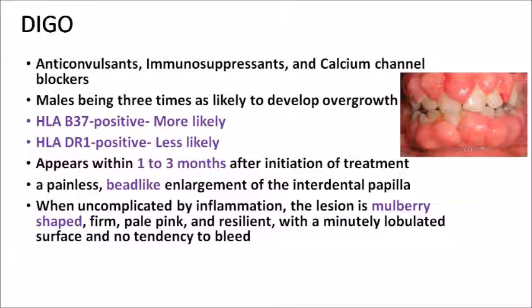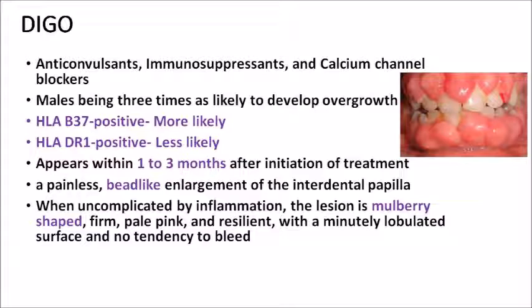How is the presentation? Just revising, the chronic inflammatory enlargement was like a life preserver shaped bulge. About DIGO, it is a painless bead-like enlargement of the interdental papilla. So this is the key term that you should remember, bead-like enlargement of the interdental papilla. See the figure also. When uncomplicated by inflammation, the lesion will be mulberry shaped. There will be small lobulations.